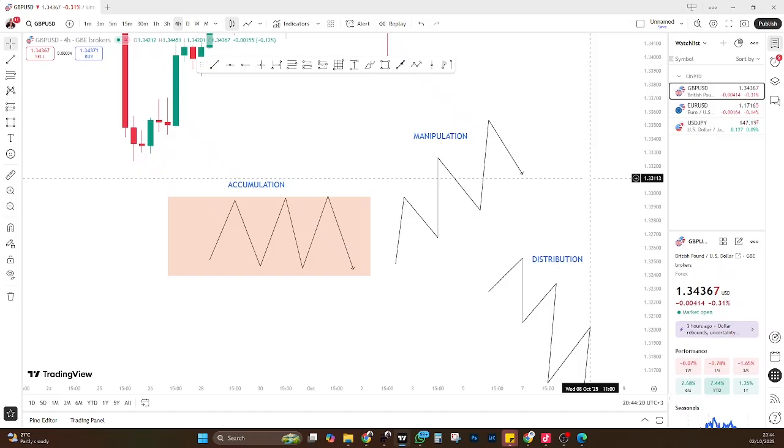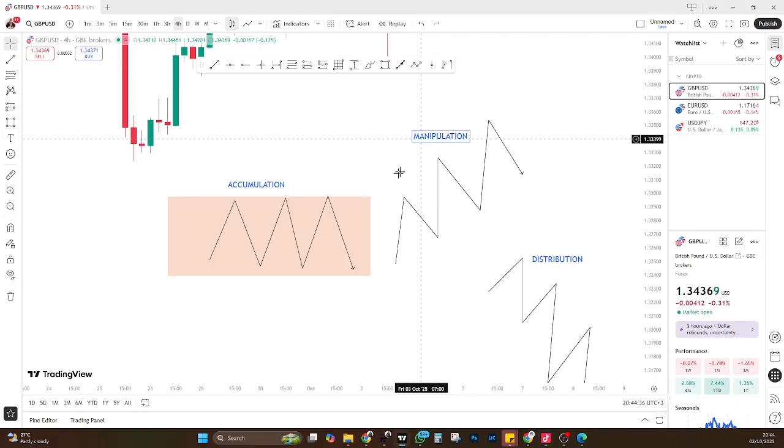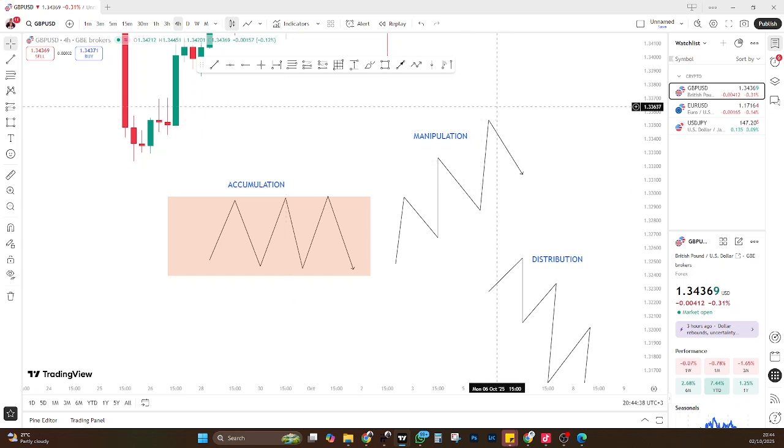So every time you enter the market, it is doing either of these three things. One, it is accumulating. Two, it is manipulating. Or three, it is distributing. Accumulation, manipulation, distribution. Okay, right?